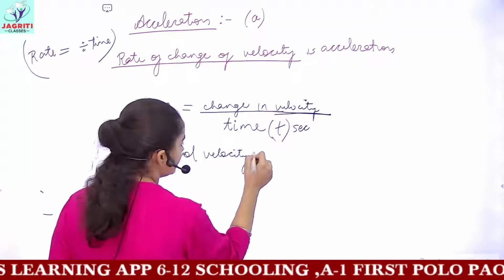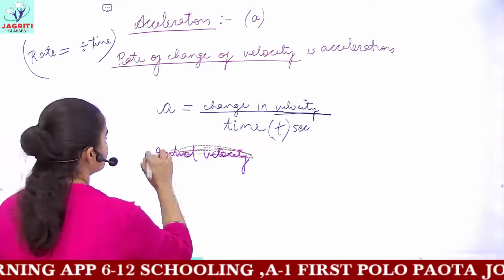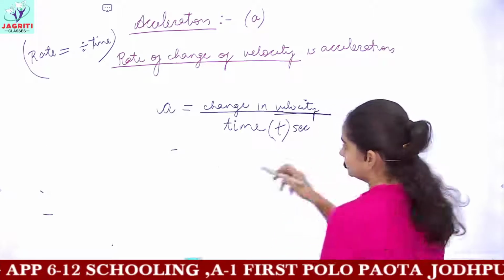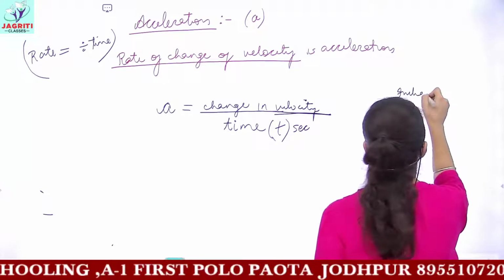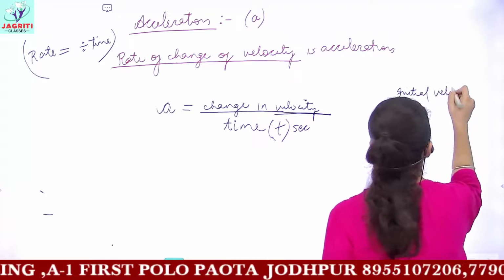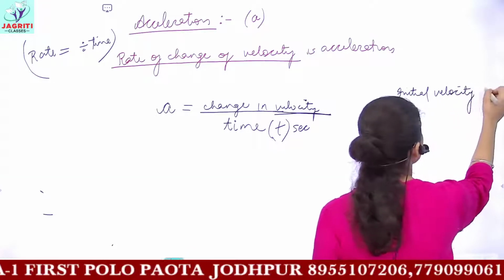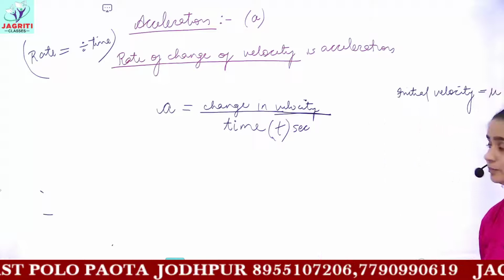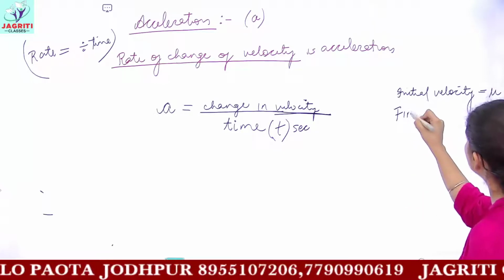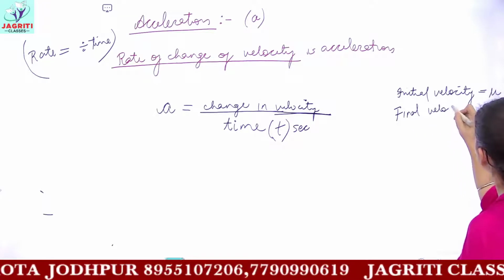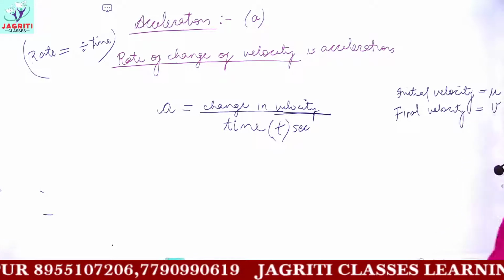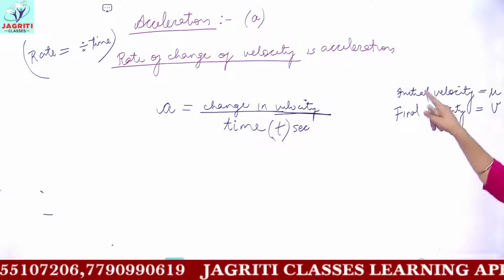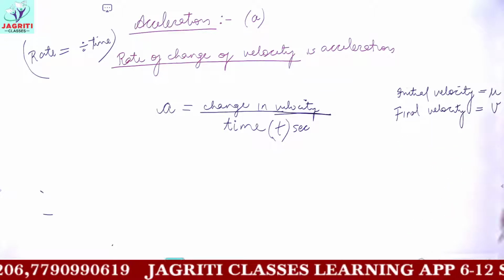Initial velocity, that is the velocity at the start of the journey, is represented by small u. And final velocity is represented by the alphabet small v.